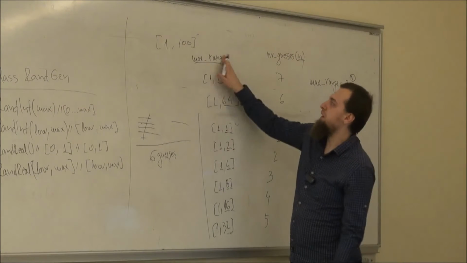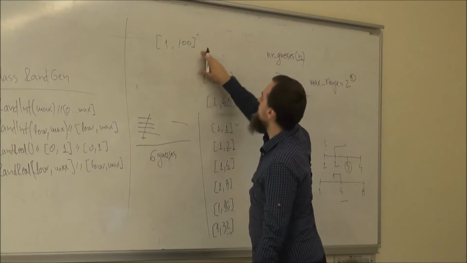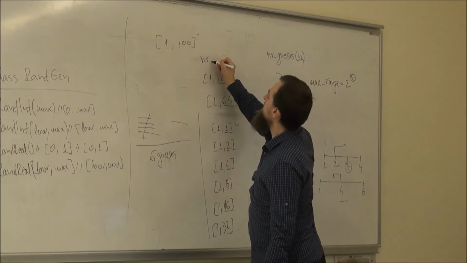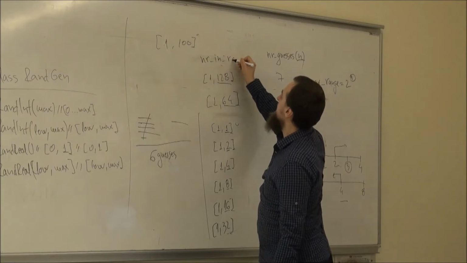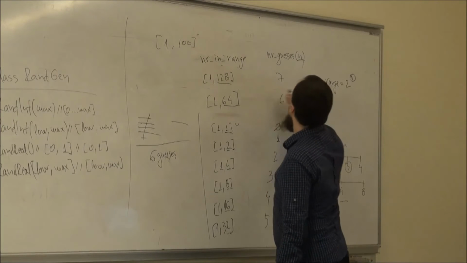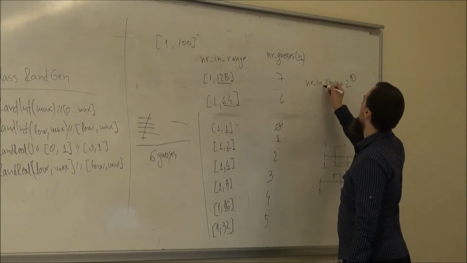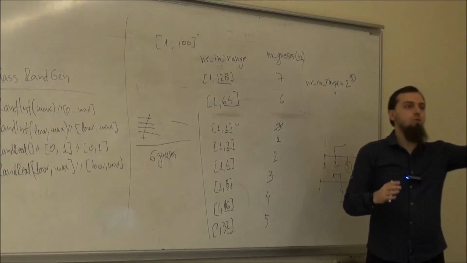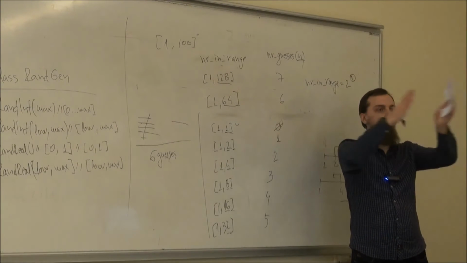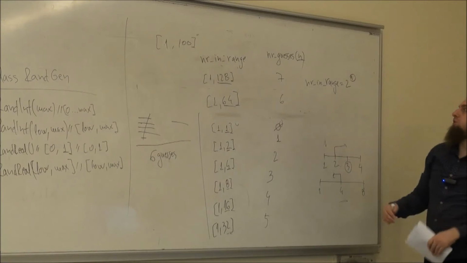Numbers in range, better, not maximum range, numbers in range. So we can start from 1,000 to 1,100. We have 100 numbers in range, 101 actually.